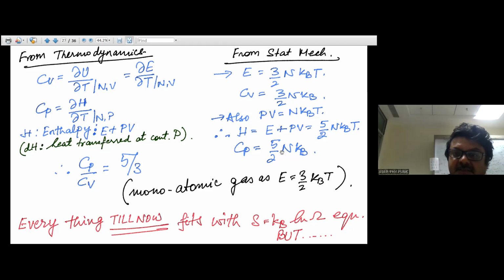Cp, in that case, using this thermodynamic relationship, but which we derived from StatMech, is 5 by 2 nkB for a monoatomic gas, right? In that case, Cp by Cv, again we get as 5 by 3. Right? For a monoatomic gas, energy equals 3 by 2 kBT, which is basically this relation for every degree of freedom.